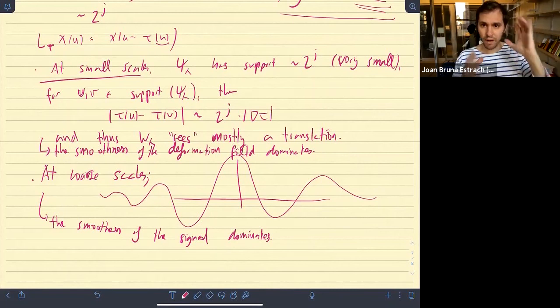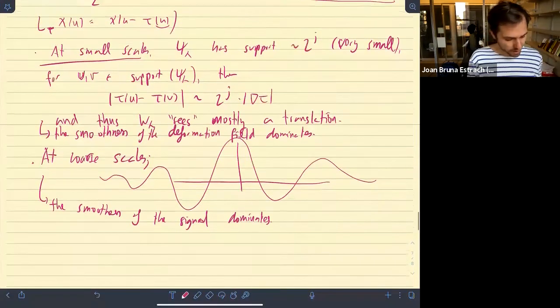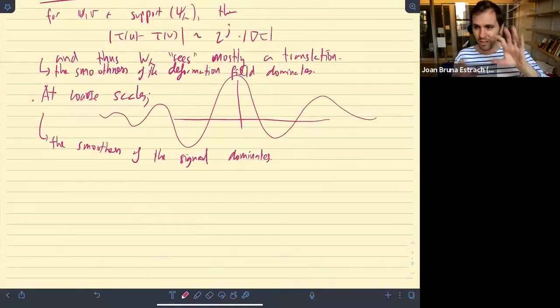So if you look at this filter bank driven by the wavelets, you can obtain stability by really treating differently the high frequencies and the low frequencies.